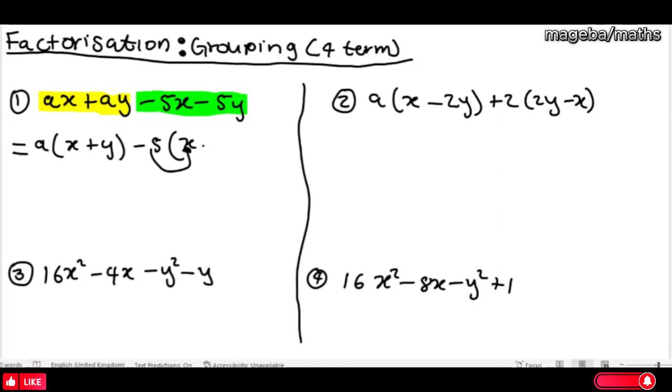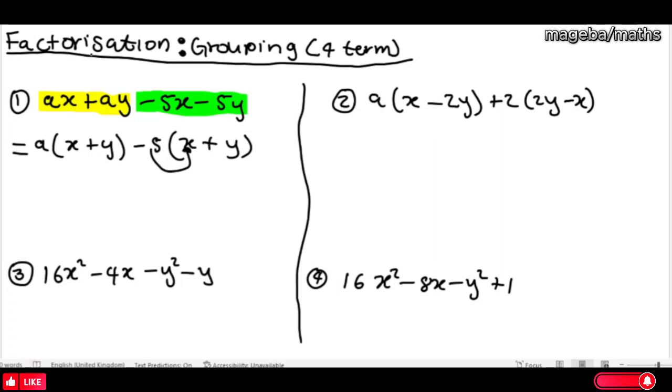And then is it going to be negative or positive here? Remember, this negative times whatever is here has to give me negative, so it needs to be positive, because negative times positive gives me negative. Then I'm left with y.